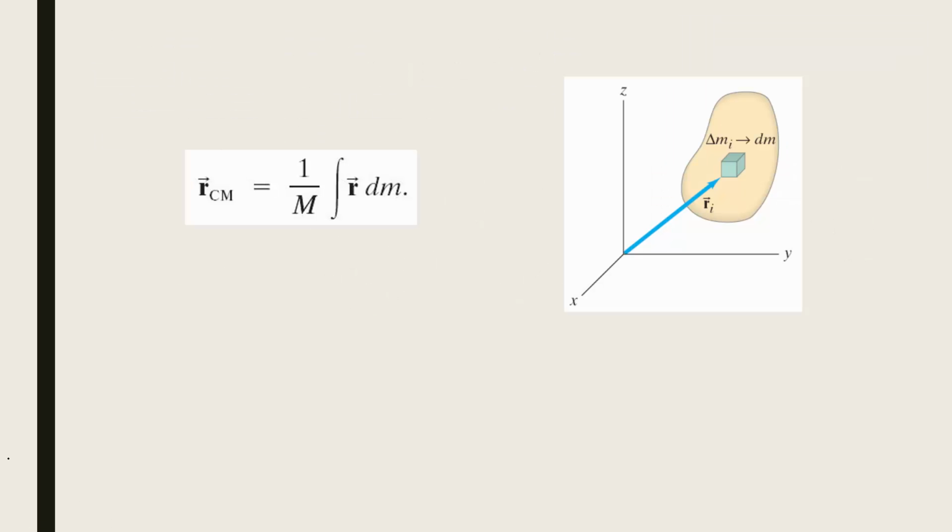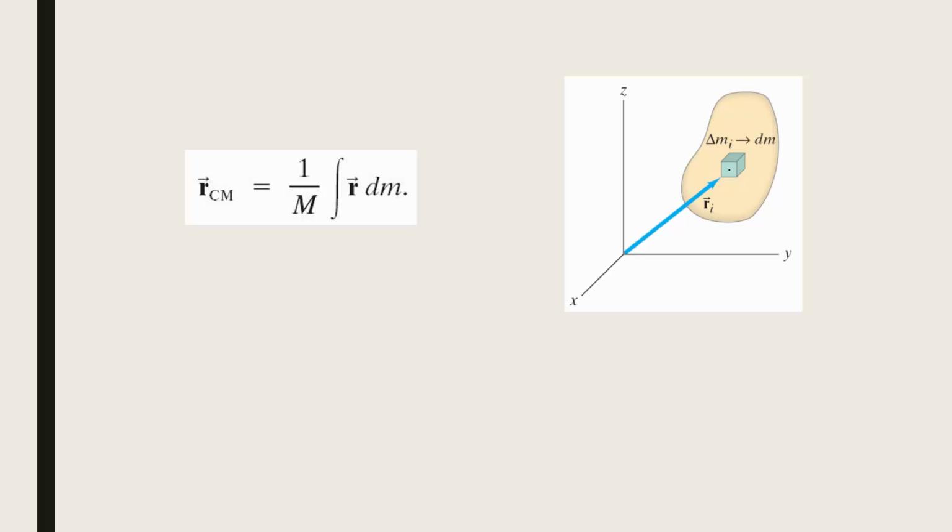Okay, now that's nice and easy if you just have a bunch of particles. If you have an actual object of some blobby shape like this one here, what you're going to have to do is break that up into tiny little chunks of mass, and then take that chunk of mass times its location and then add them all up.